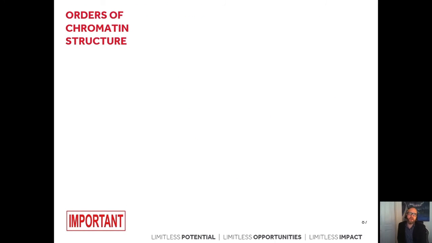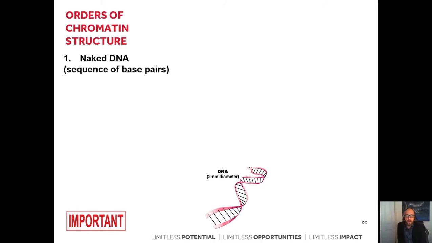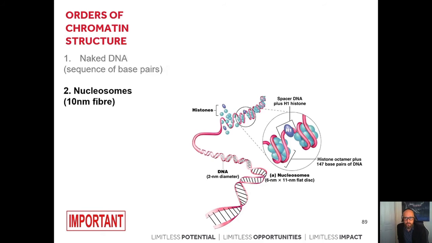So, what are the orders of chromatin structure you need to remember? The first is obviously naked DNA without any proteins, and this is quite a long molecule. Then we have the nucleosomes formed by histone octamers, DNA, and the linker histone between each of those nucleosomes, and this is referred to as the 10 nanometer fiber.